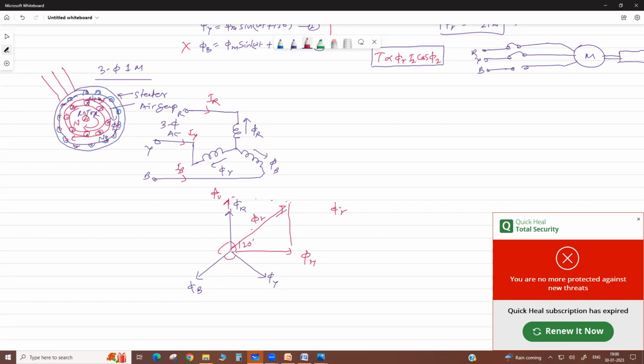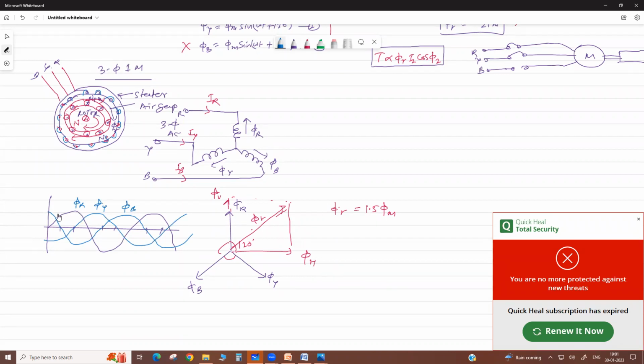This phi R is nothing but 1.5 times phi M. Phi M is the per-phase maximum flux of the three-phase fluxes R, Y, B. The resultant of these three-phase fluxes will be this, and this is the maximum.